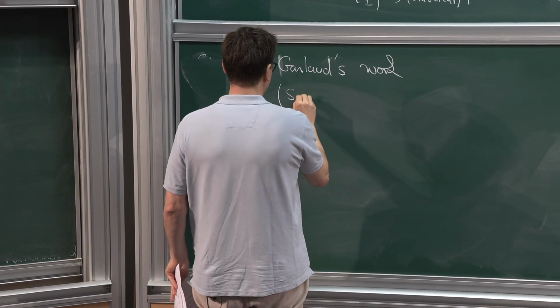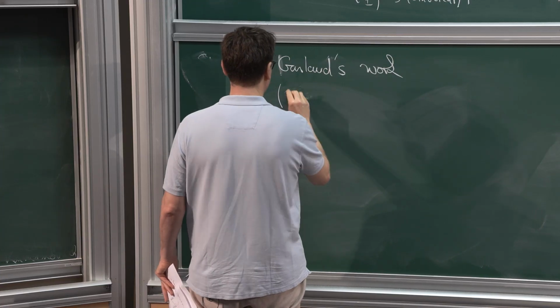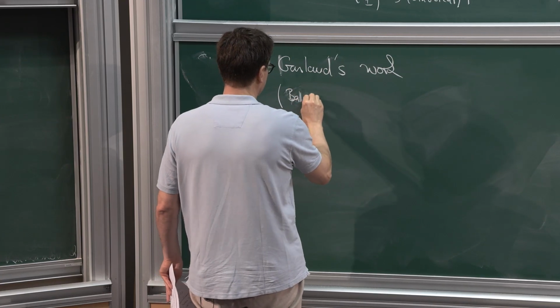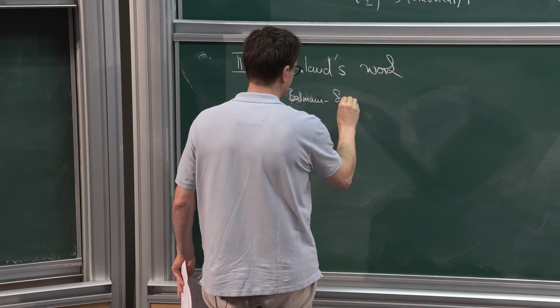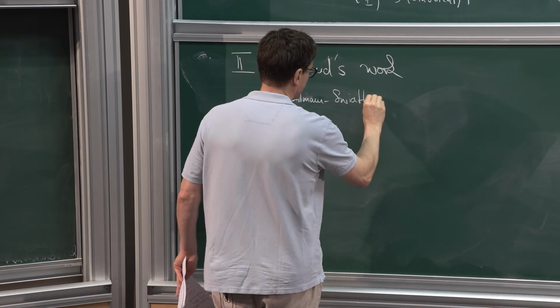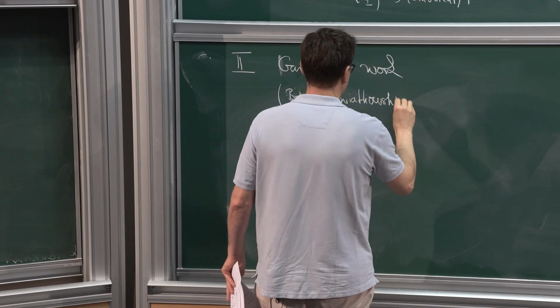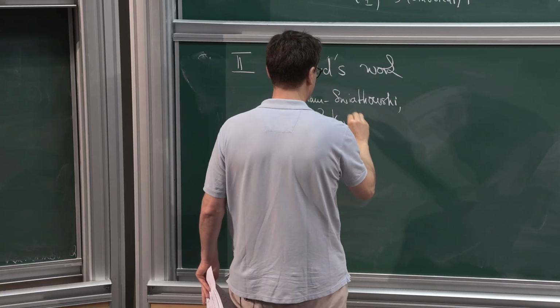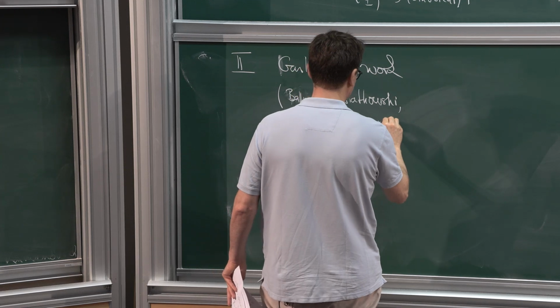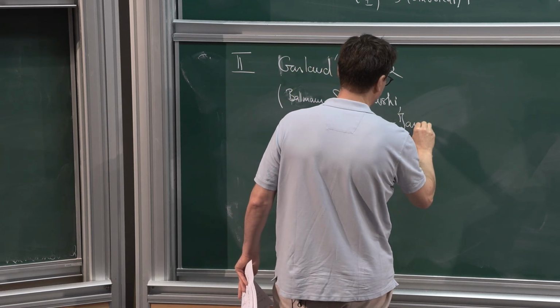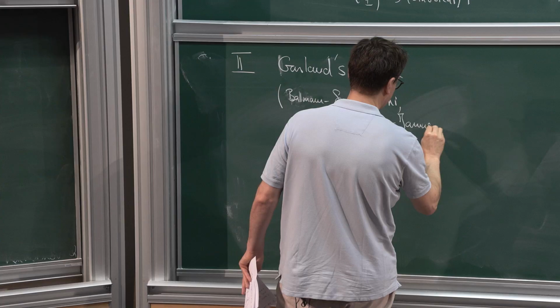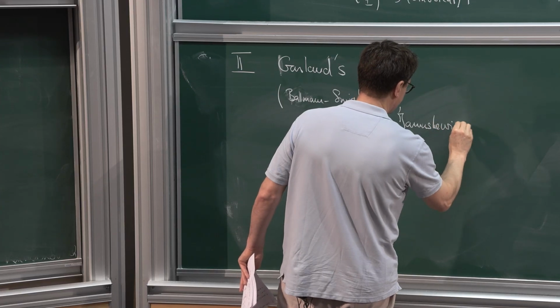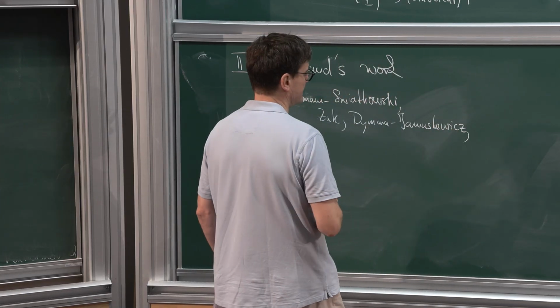So there is Ballmann-Swiatkowski, which is what I'm following mainly. Schuk, there is Dymara, Januszkiewicz, long names, and Oppenheim.